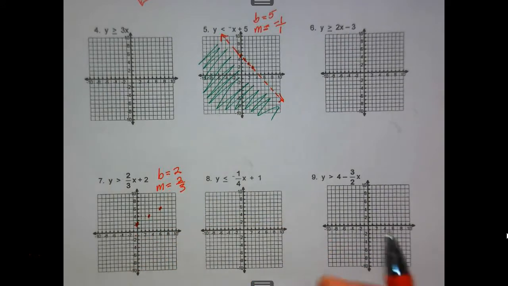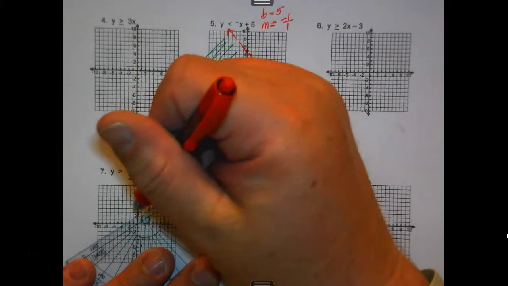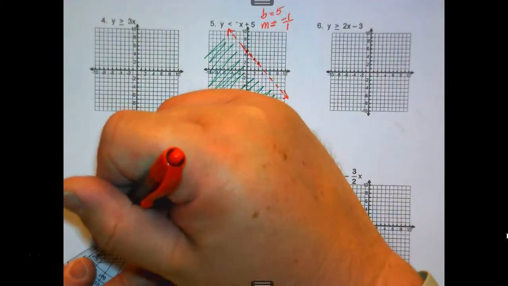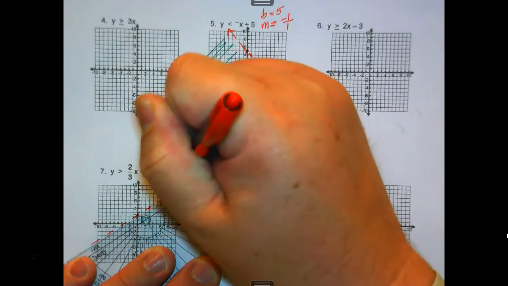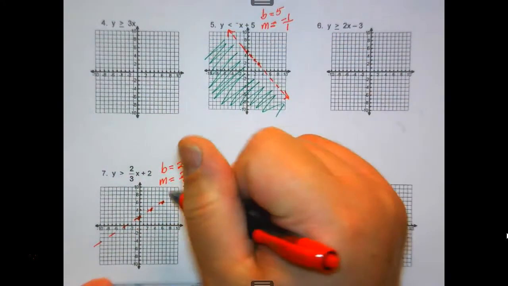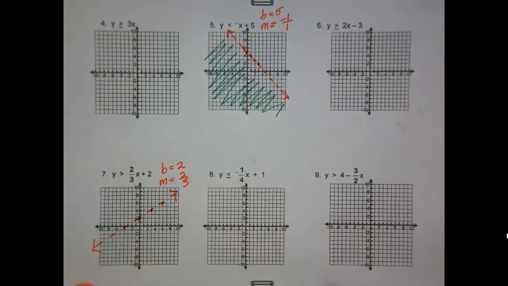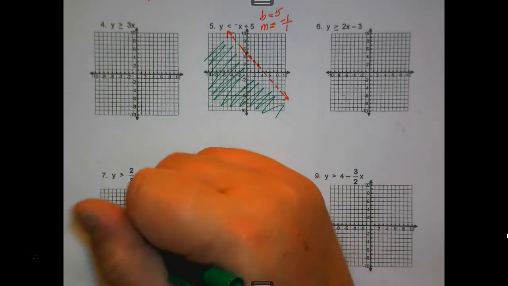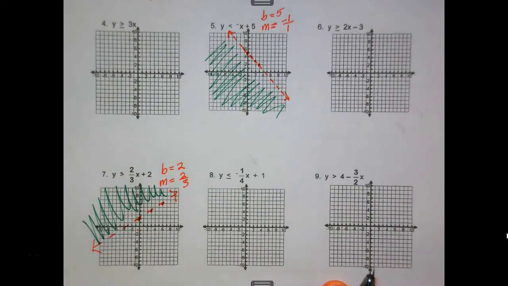This is a dotted line, no equal sign. Shade above, greater than. There's my answer.